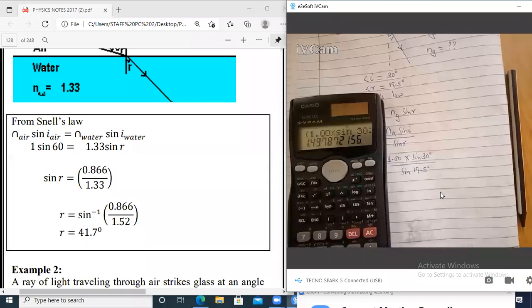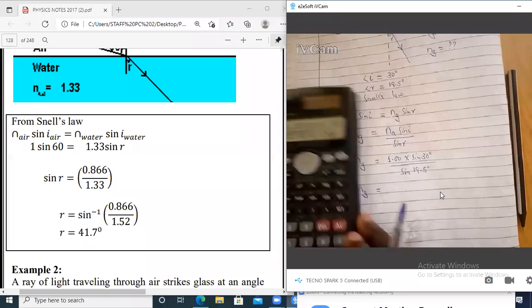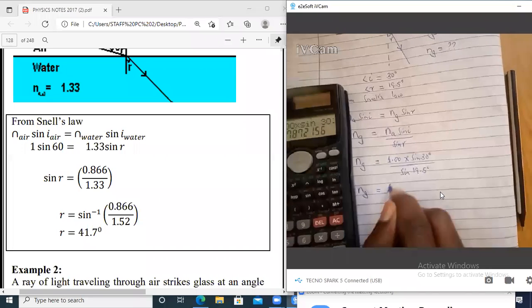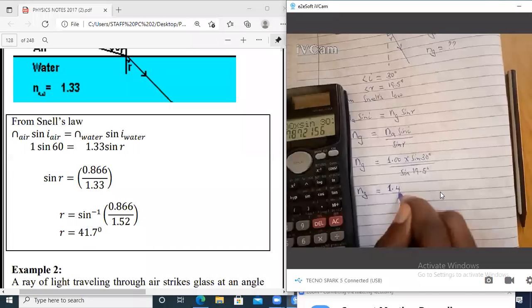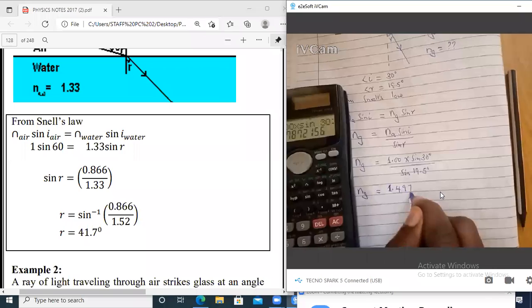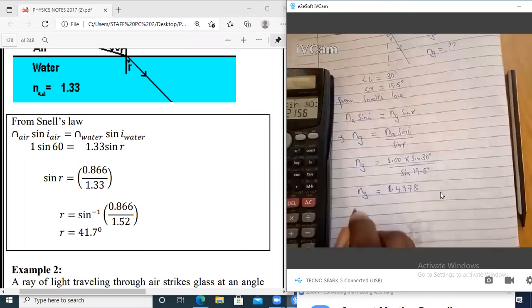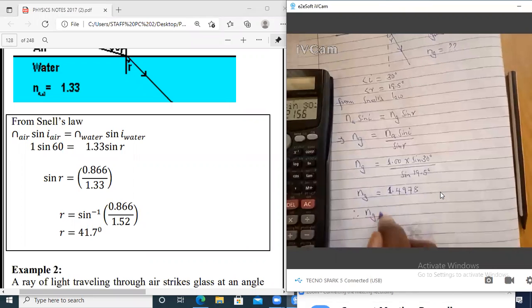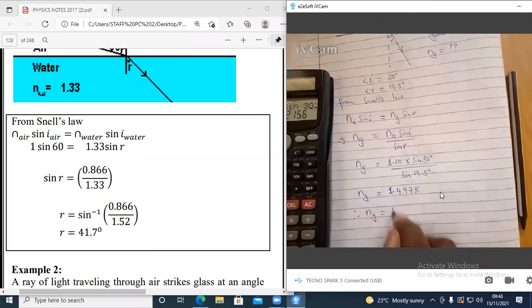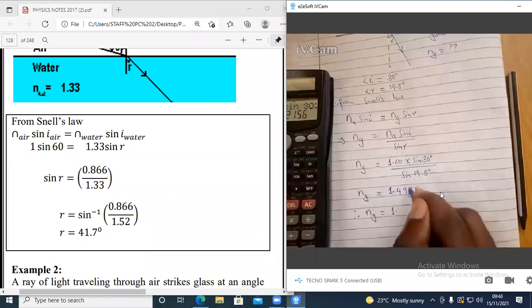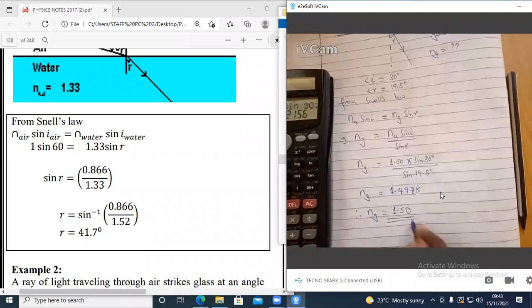What do you get? We get 1.4978. But if you round it to 2 decimal places, we shall have 1.50.